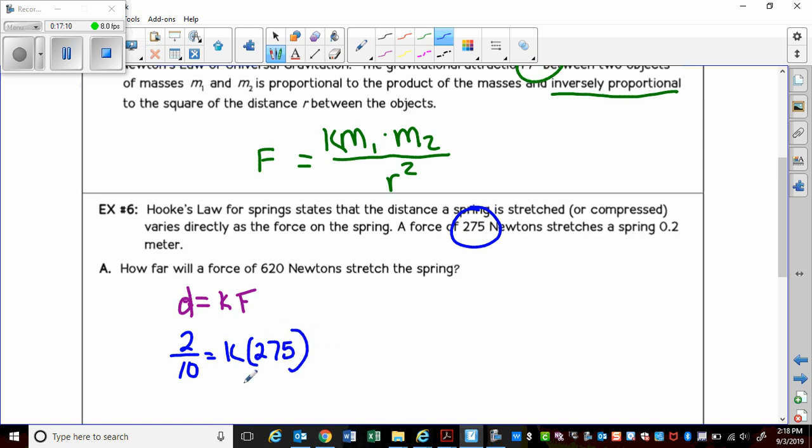Okay, find your K. Tell me what K is. And then we're going to plug it in, and we have our D equals whatever you found for K. And I want you to finish this problem.